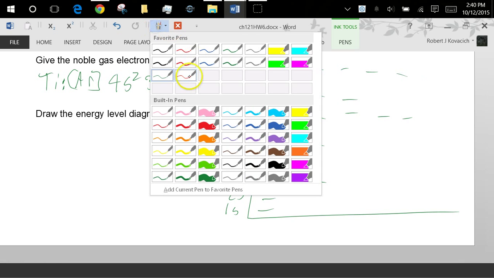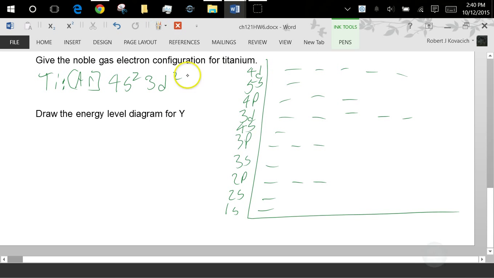And so I'll put 2 here and 2 here and 1 there, filling in the boxes across the diagram. That's it.